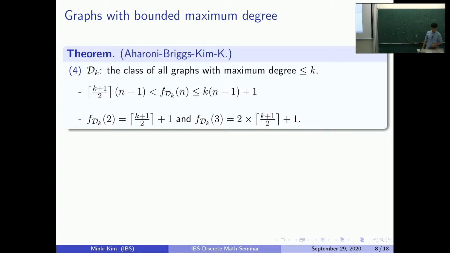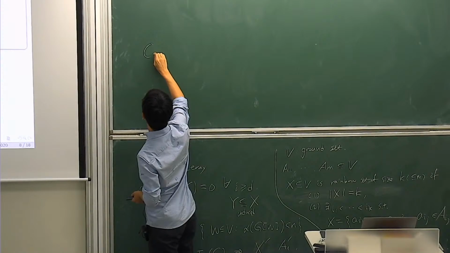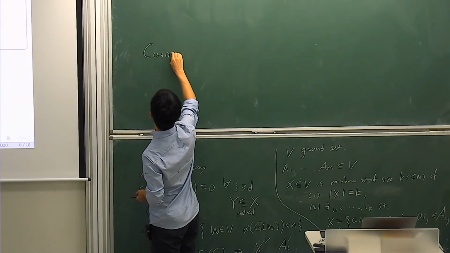And our main contribution is on these graphs with bounded maximum degree. Here, a combinatorial result we obtained is that F_n is between this number and this number, and the lower bound comes from the t-th power of the cycle of length (t plus 1) times n.